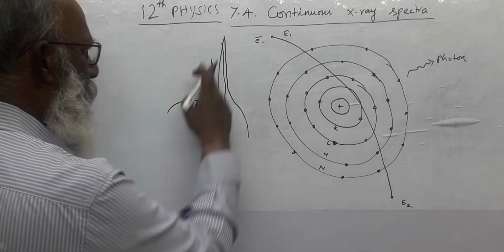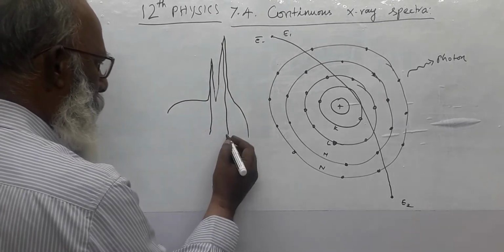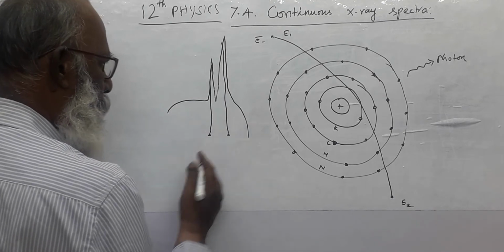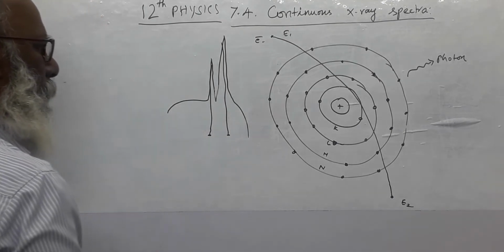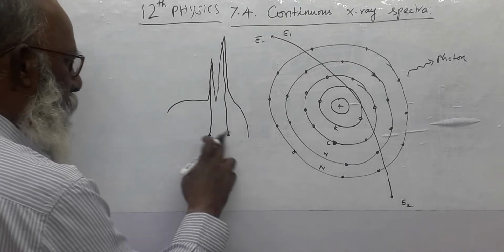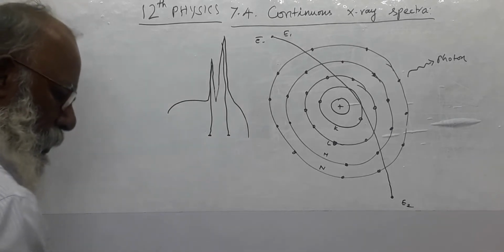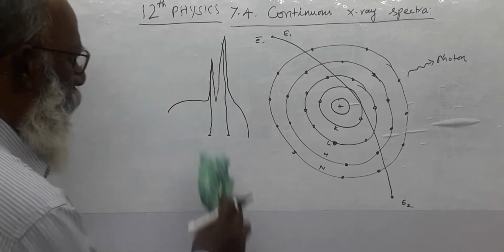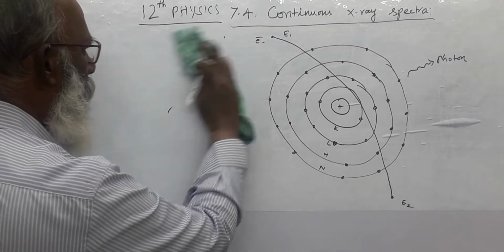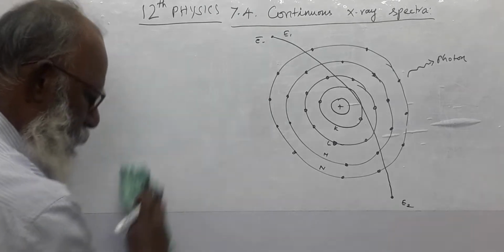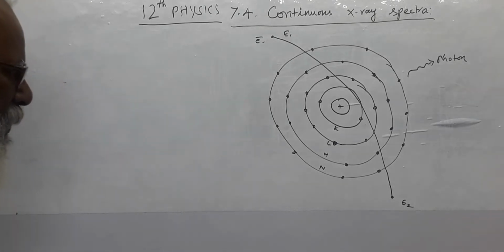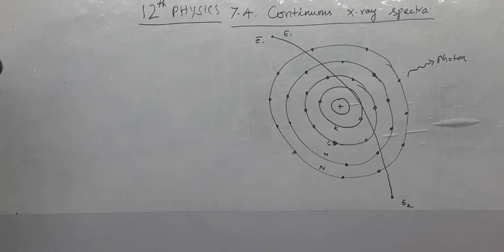Even though we are getting a continuous spectrum, the line spectra are obtained only because they represent the characteristics of the target. That's what we are going to see today. And how can we obtain this line spectra from the various levels? First, before that, we have to first prove the continuous X-ray spectra.